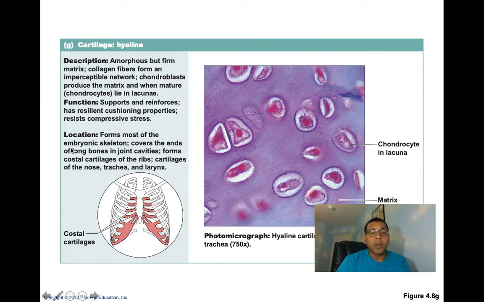Also, it's going to be found covering the ends of our long bones where they form joint cavities. It also forms our costal cartilages, helping to attach the ribs to the sternum. Cartilage of our nose, trachea, and the larynx is also hyaline cartilage.